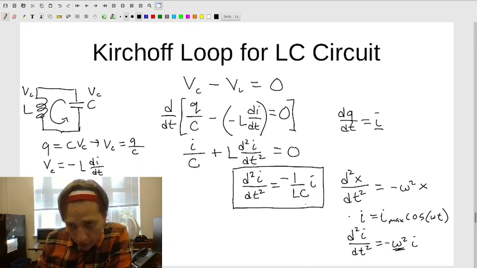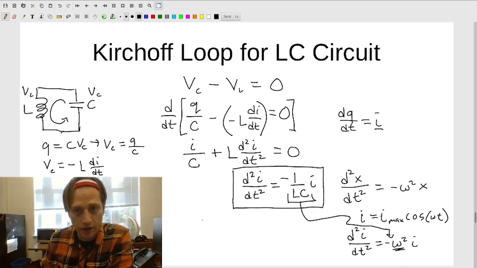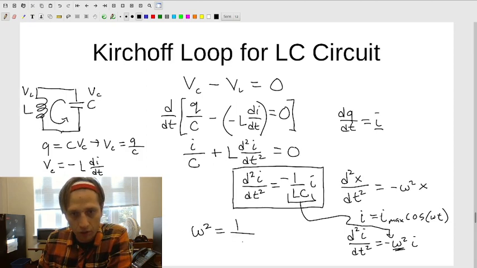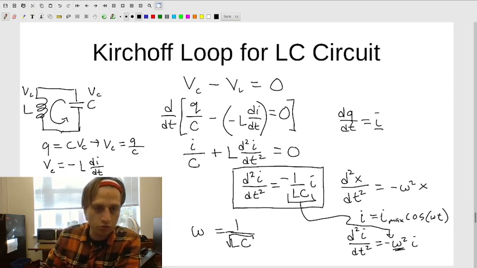So what I can do is identify this as my omega squared. And so that omega squared equals 1 over LC. Or if I take the square root of both sides, my frequency with which this goes through one full cycle.